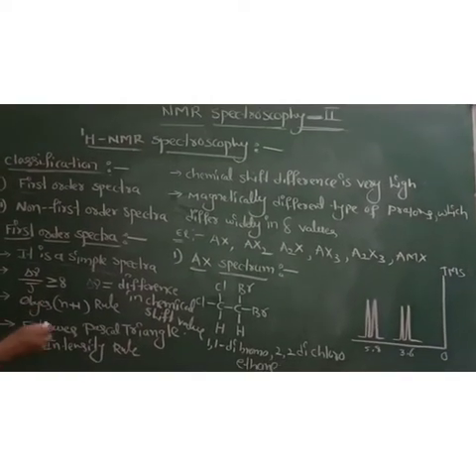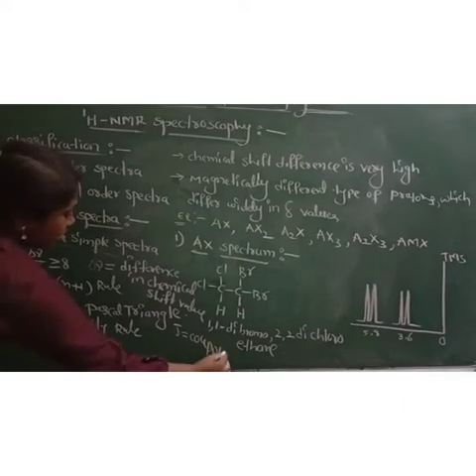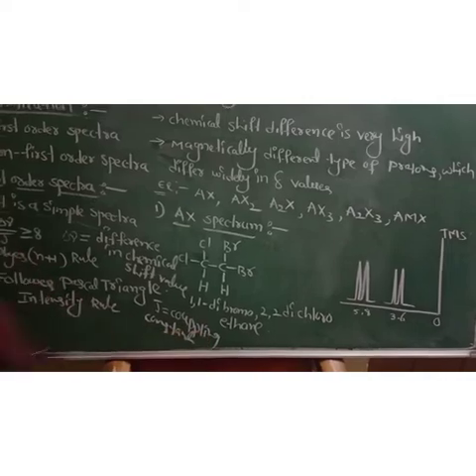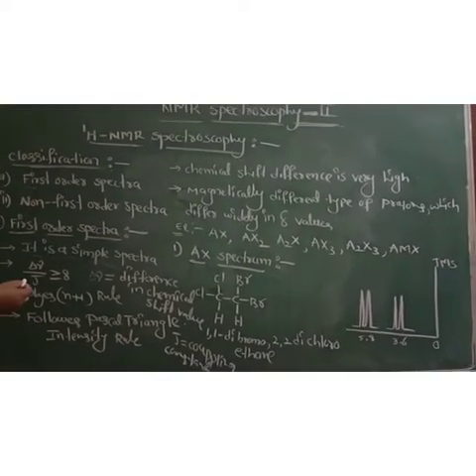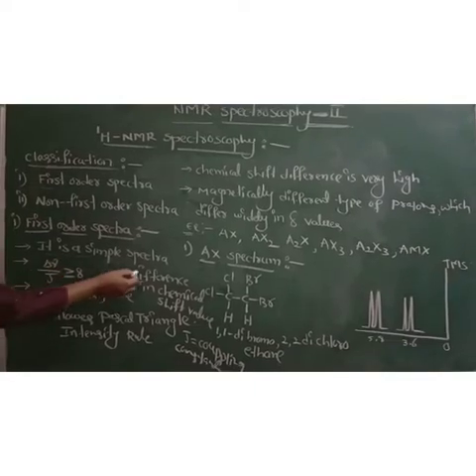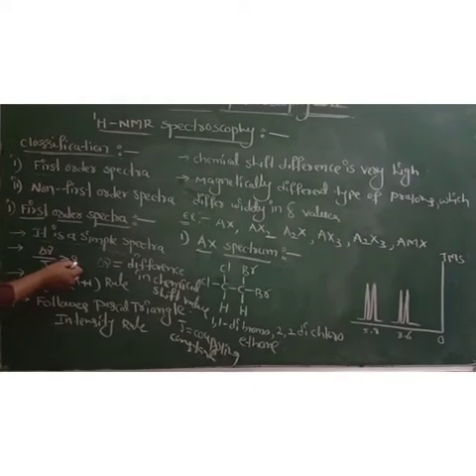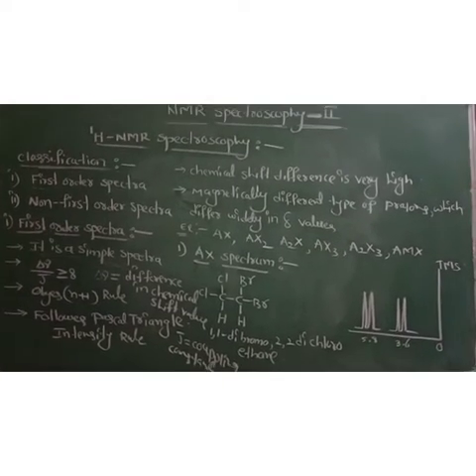J is the coupling constant. So for this first order spectra, the difference in chemical shift divided by the coupling constant is always greater than 8. Then we simply call it first order spectra.